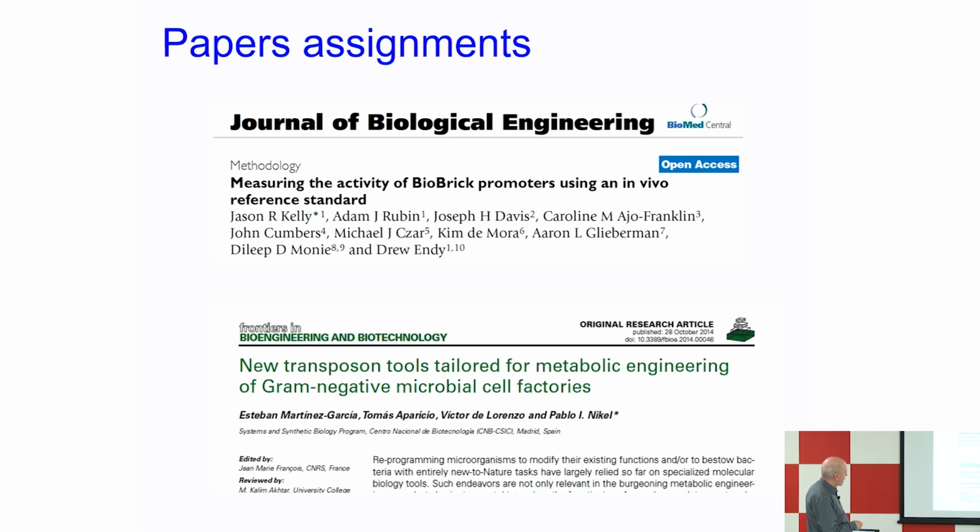Now, there's this other paper coming from my own laboratory that is connected to transposon tools that I discussed in the last part of my lecture today. In this case, what we describe is the construction and the utilities of 4 new types of transposon vectors that are useful for metabolic engineering. And as you will see once you have the possibility to read this paper, we use the vectors to insert into the business part of the vector, the cargo side of the vector, a metabolic pathway for production of bioplastics.